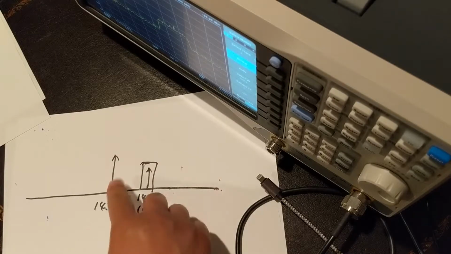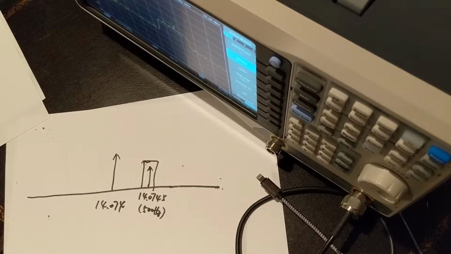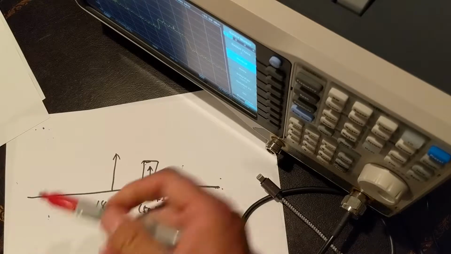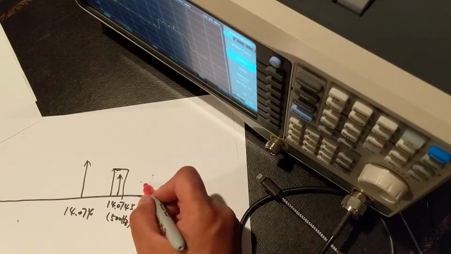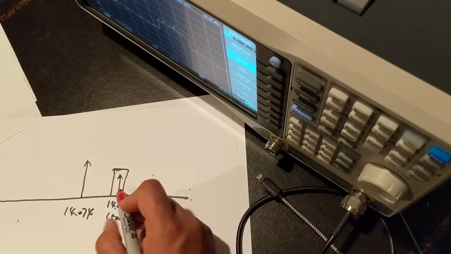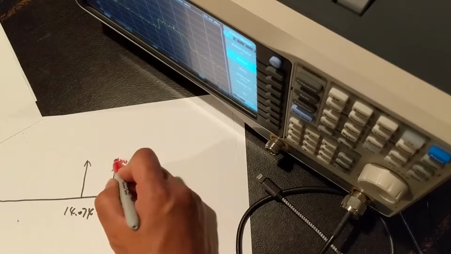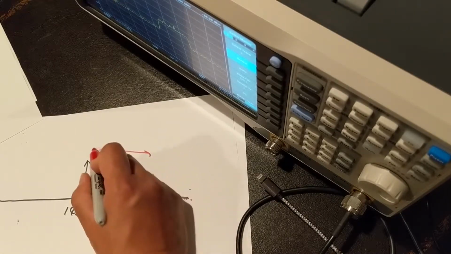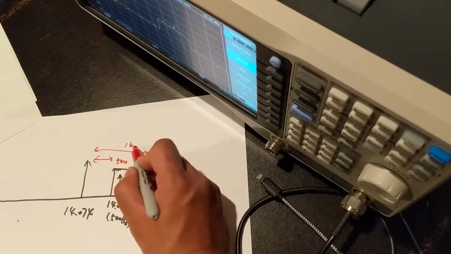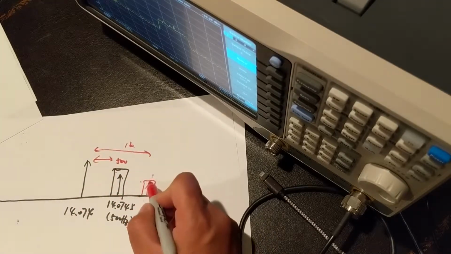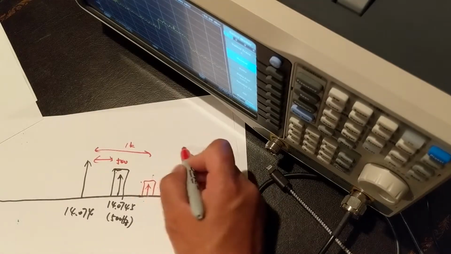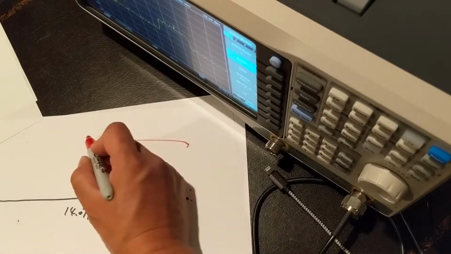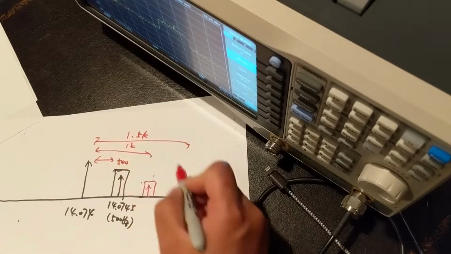This audio has a harmonic at the second harmonic, 1000. This is 500, and this is 1K. That's a harmonic, and the third one is 1.5K.